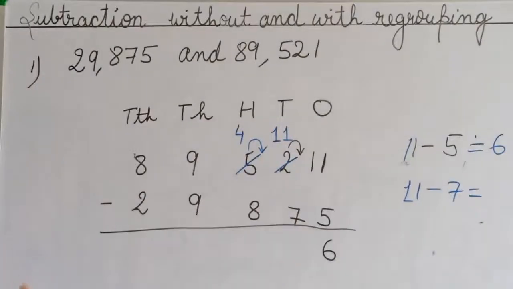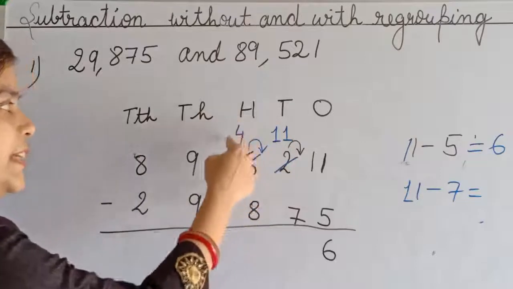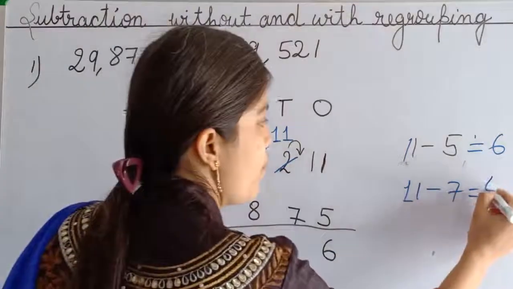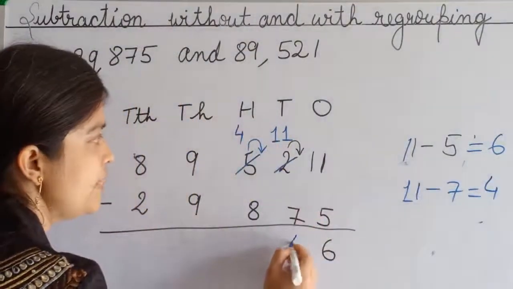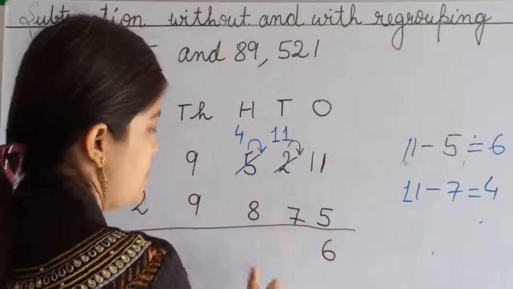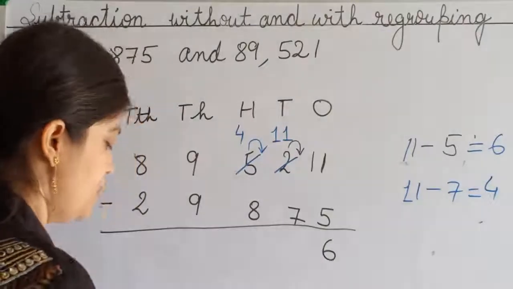Don't forget to write these things, otherwise you will make a mistake. So 11 minus 7 is equal to 4. That is 4 tens. 11 tens minus 7 tens is equal to 4 tens.